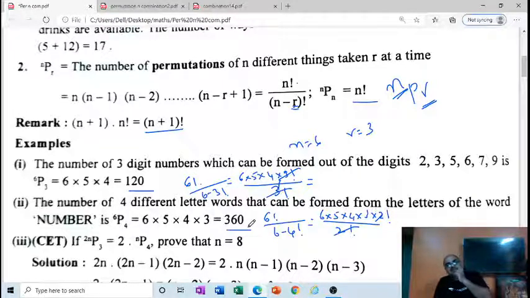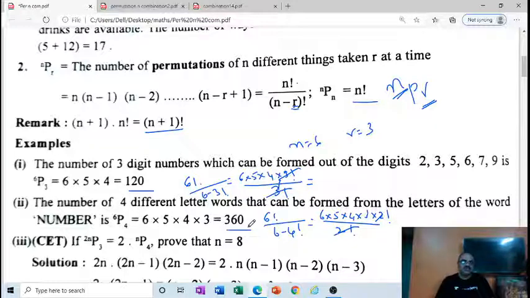These numbers, when they are put together, can be arranged in 120 ways. 120 such sets of numbers can be got using 6 digits in 3 arrangements. Same way in the second case, there are 6 alphabets.